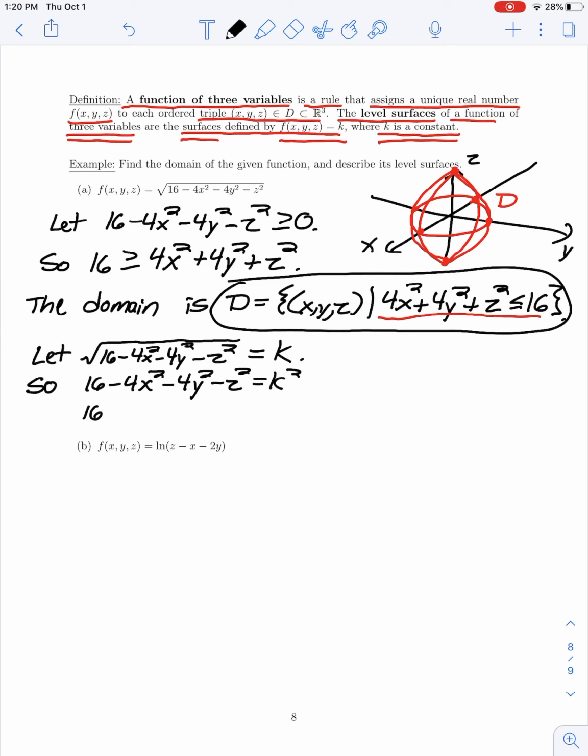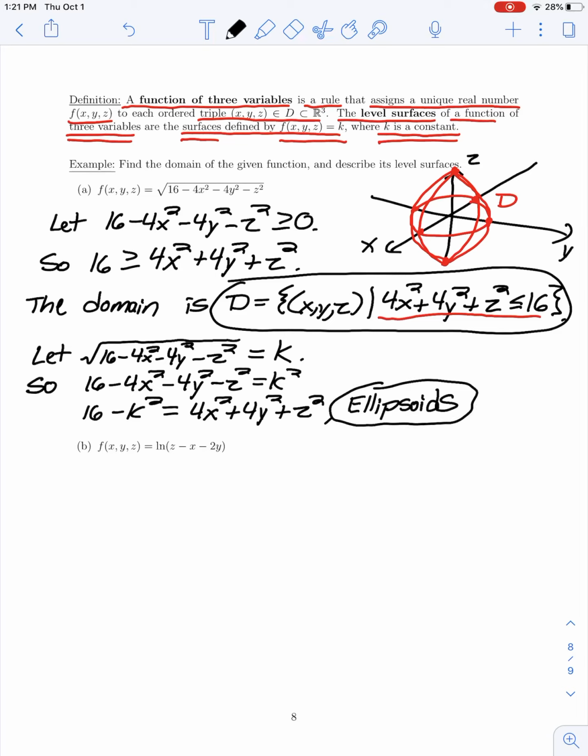Or rearranging the equation, 16 minus k squared is equal to 4x squared plus 4y squared plus z squared. So this equation would represent an ellipsoid where the value of k would affect what our x, y, or z intercepts are. But generally speaking, our level surfaces are ellipsoids here.